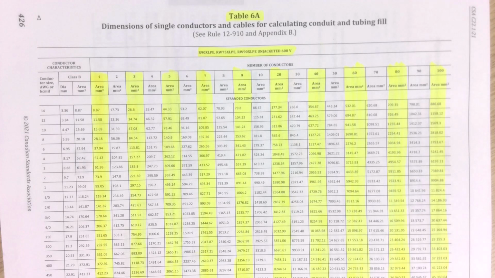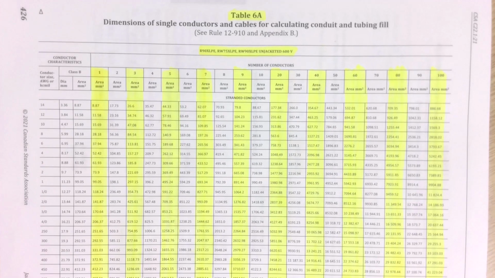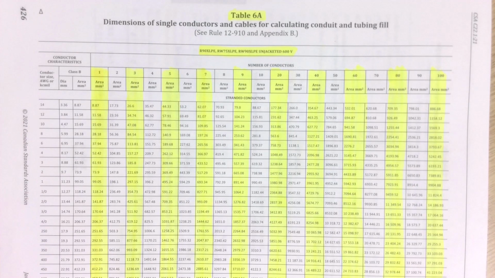Oh shit, there's 2 more circuits over there, and now our conduit's undersized. So that's kind of what you do in the field, but in code class, we're going to do the minimum sized raceway for the conductors that we have. So in code class, we do everything to the minimum that code requires, except for our overcurrents, which we do the maximum based on the conductor, based on the wire.